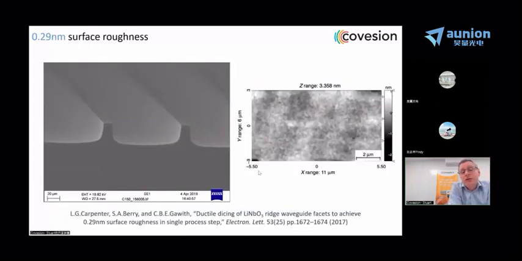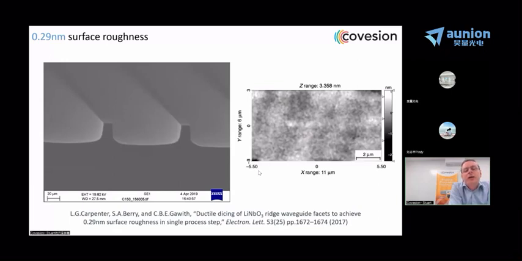As you can see, the process is still being done on the full wafer at this stage. As I mentioned, the dicing or sawing process is a very high quality process which gives a very smooth finish. So on the left-hand side here, you can see an SEM image of 2 of our ridge waveguides. You can see that the sidewalls are very smooth and the end facets are very smooth.